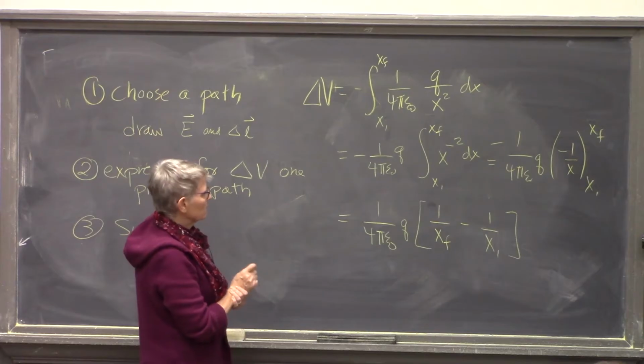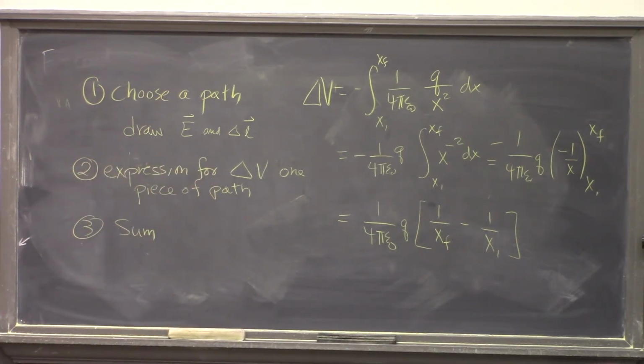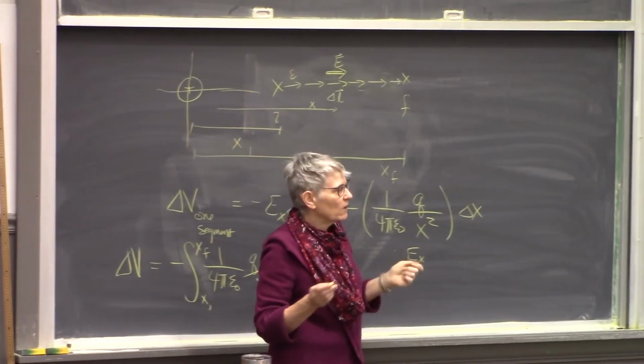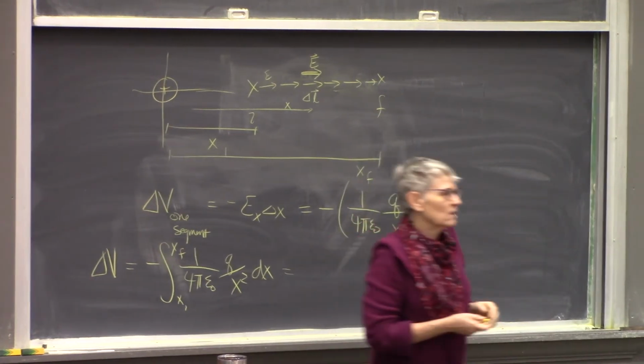Now, does that have the right sign? We're going away from the charge, moving in the direction of the field, so our answer should be negative, shouldn't it? Is this a negative number?